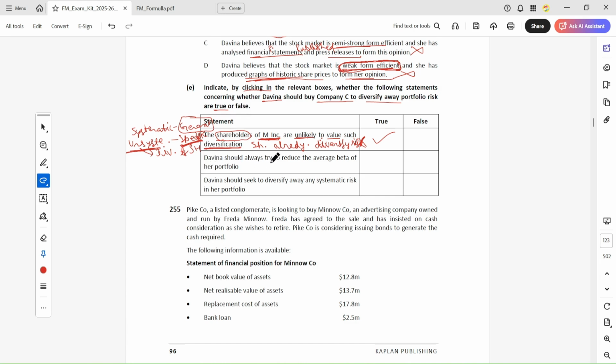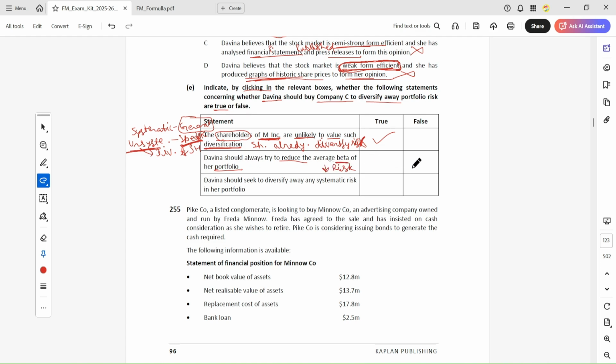Okay, Joanna should also always try to reduce the average beta of her portfolio. This statement says Joanna should always reduce the beta. Beta is a measure of risk. So Joanna should reduce the risk.